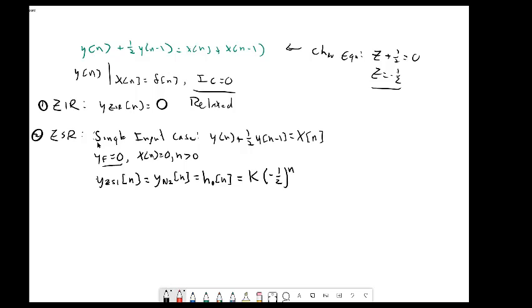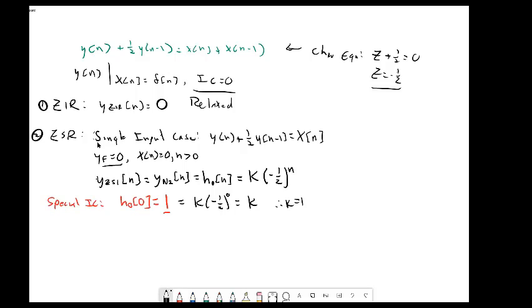And now we use our special initial condition, that is, h0 of n at n equals 0 has to be 1. And we get k times minus 1/2 to the n at n equals 0, so to the 0, which is just k.